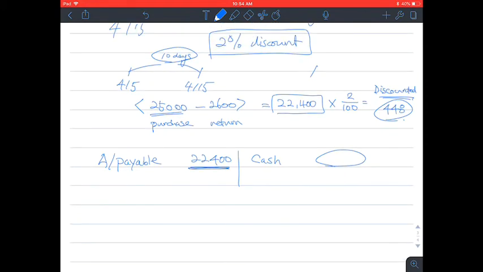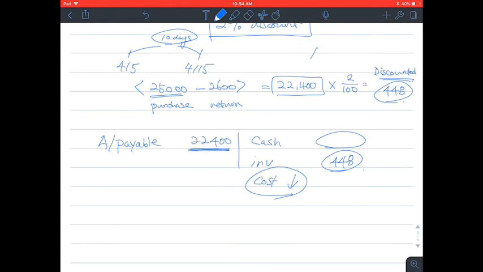And you're going to record that your cost of purchasing this inventory has reduced by $448.